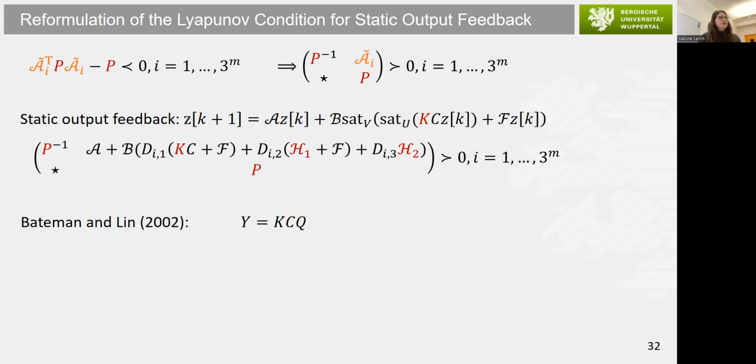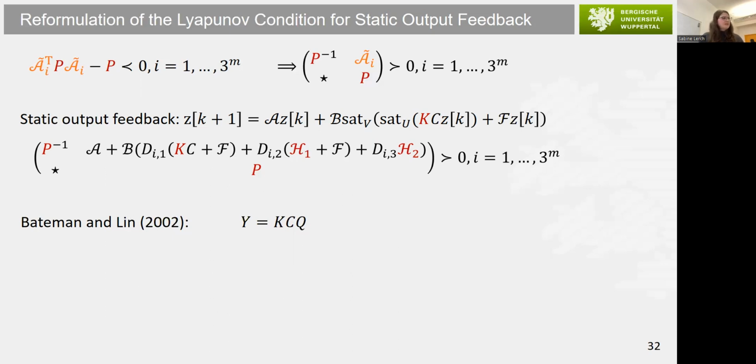And for another example, for static output feedback, we also only have the unknown parameter K, but with C, which would lead to this change of variables for Bernussou and Lin, which does not really work because we have the known matrix C in the middle. So we have to structure Q or K, and then we get conservative results.